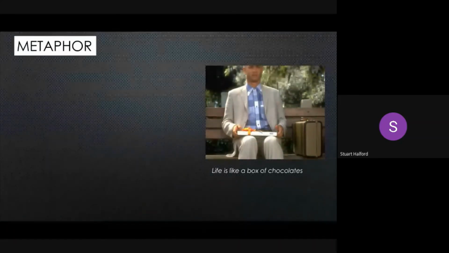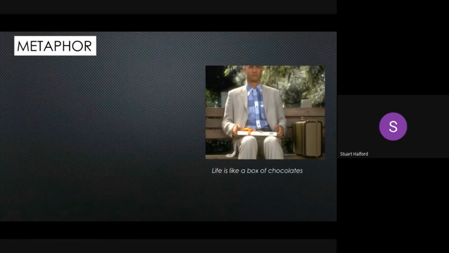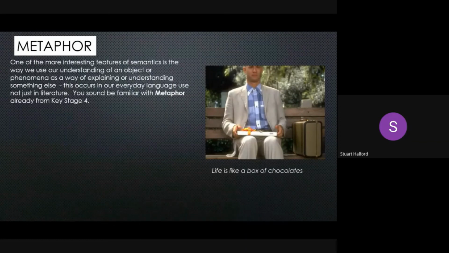There is using a simile, and I actually want to talk about metaphor here. One of the more interesting features of semantics is the way that we can often understand objects or concepts or phenomena by describing them using something else. And this occurs in our everyday language, not just in literature.